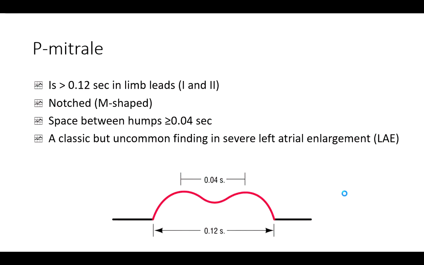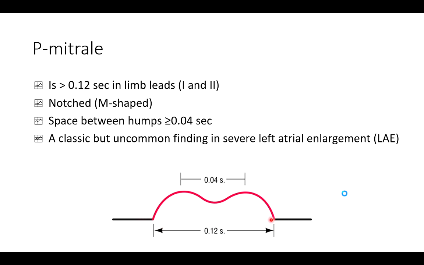Now here's another unique thing. This is called P mitrale, something that we look at with the P wave. P mitrale is much like an M-shaped P wave, and it typically occurs in the limb leads. And what's unique about this particular structure, mostly occurring in leads 1 and 2, is that it's really wide.